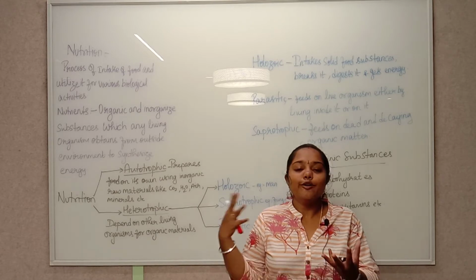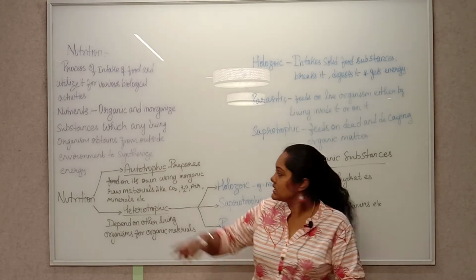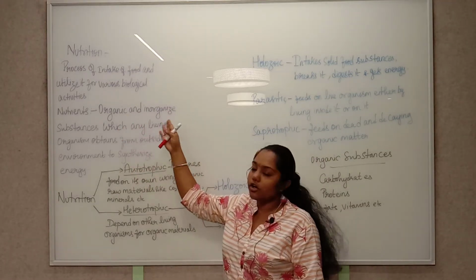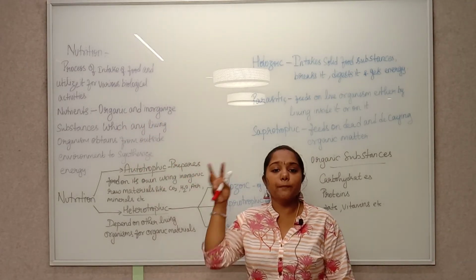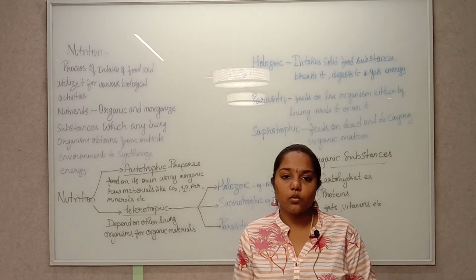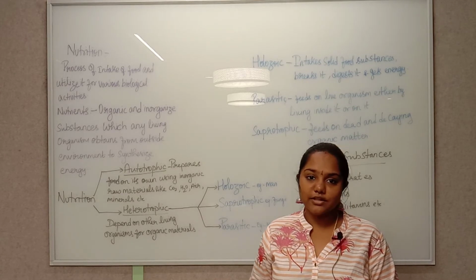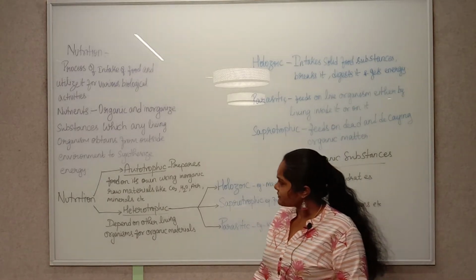So we normally eat food. Any food we eat has either organic or inorganic substances. It is from those substances that our body synthesizes the required nutrients and makes us utilize them for normal functioning. Is that clear?